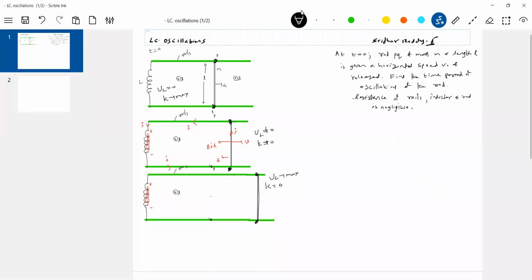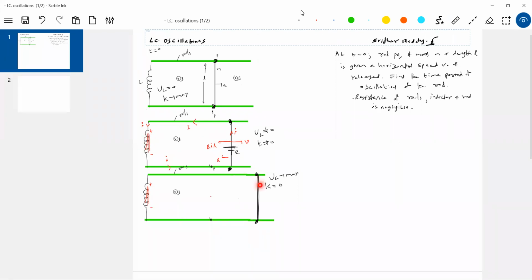Now, if you look further, who was responsible for the flow of current? A cell. Keep that in mind. The EMF generated in the rod PQ was responsible for the flow of current. Due to that current, a magnetic field is set up, a flux is generated, and there's the energy.